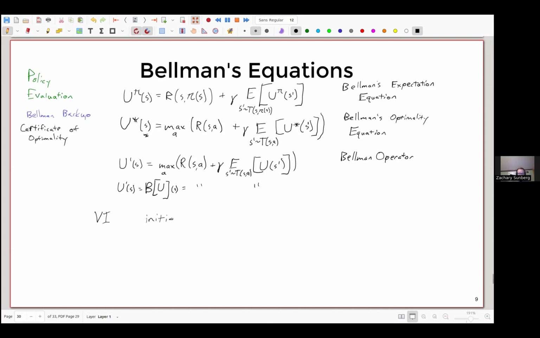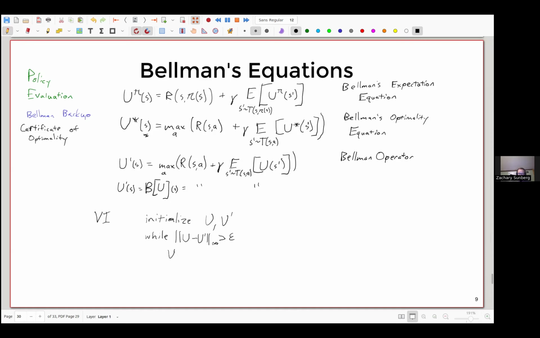You can say initialize U and U', and then just repeat while the norm of U minus U', usually the infinity norm, is greater than some epsilon.